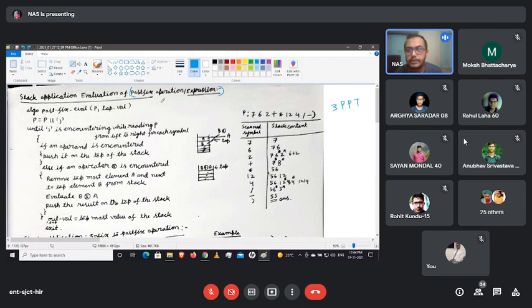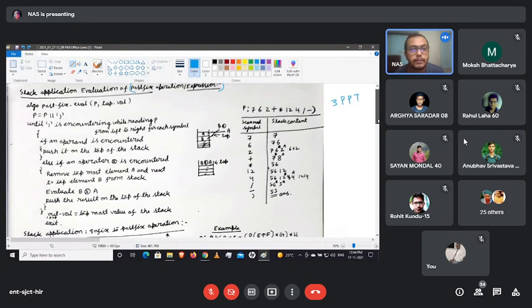For infix operation, it is operand, then operator, then again operand. For prefix operation, it is operator, then operand and operand. So see, this one is our postfix operation: operand, then operator is appearing here. Okay, so now look at this particular algorithm here.